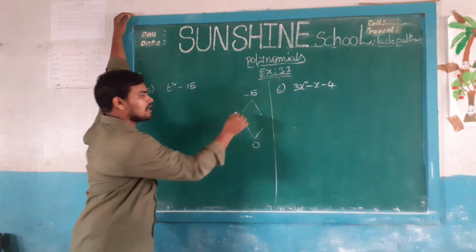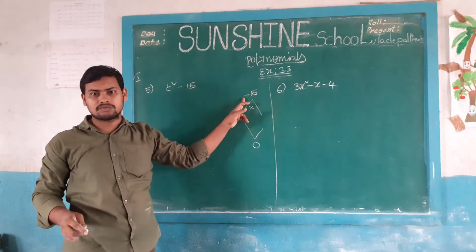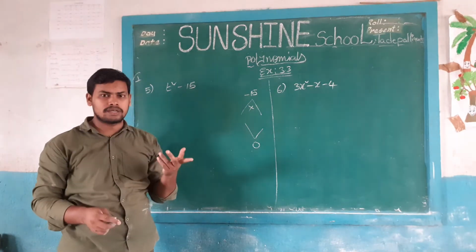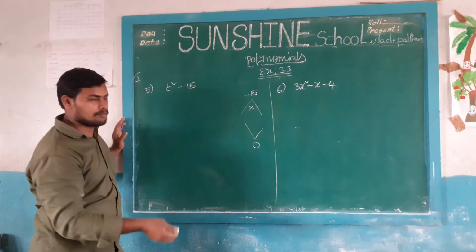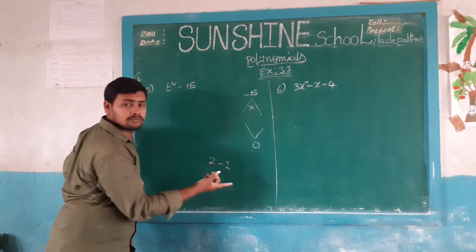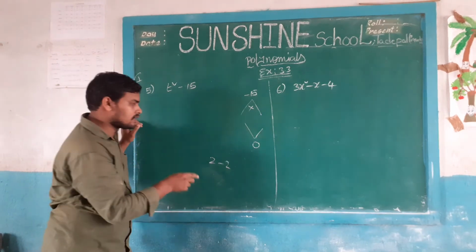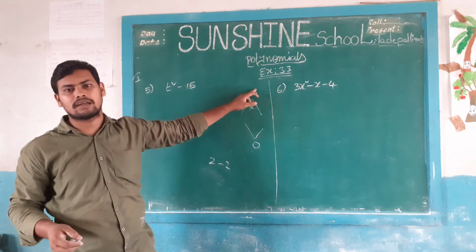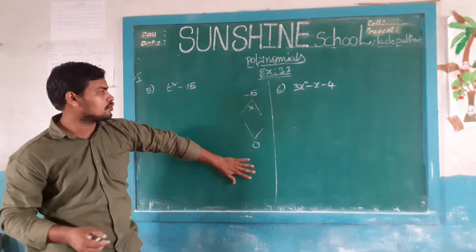So if we multiply two numbers, the result is minus 15. If we add those two numbers, the result is 0. Simply it can be the same numbers, like 2 and minus 2 giving 0. Like that, if we multiply two numbers, the result is minus 15, and if we add those two numbers, the result is 0.